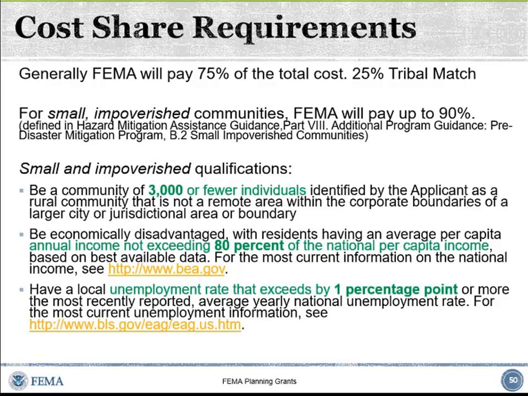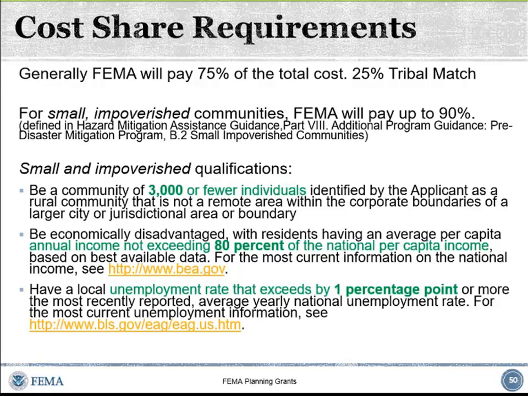But many tribes qualify as small and impoverished communities and therefore are eligible for a 90 federal share, 10% tribal cost share. Small and impoverished is 3,000 or more people within your reservation boundaries, economically disadvantaged so that the per capita income does not exceed 80% of the national per capita income, and an unemployment rate that exceeds by 1 percentage point the national unemployment rate.